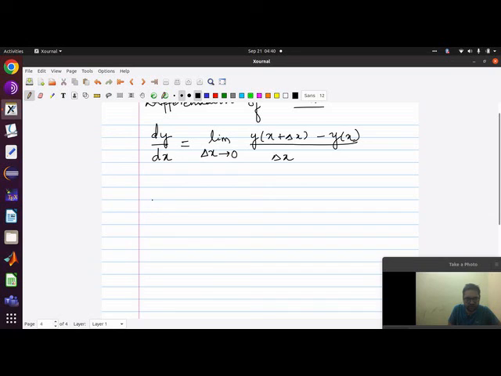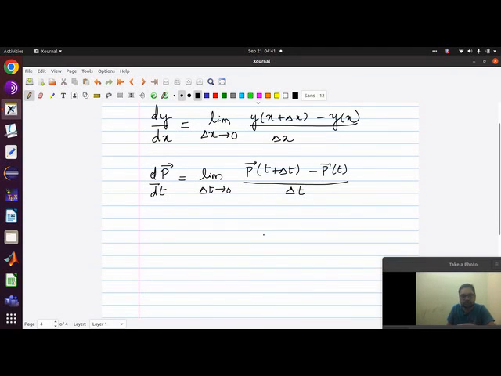It's the same in the case of a vector. dP by dt of vector P is the limit as delta t tends to 0 of P of t plus delta t minus P of t, divided by delta t. Okay.